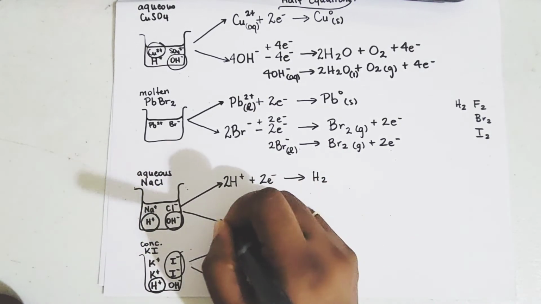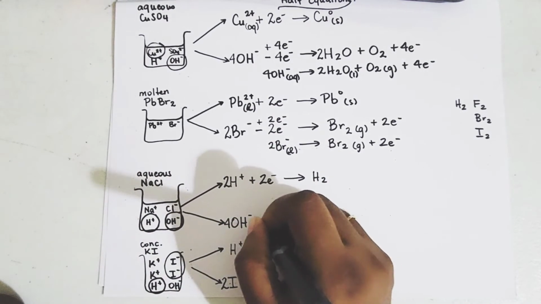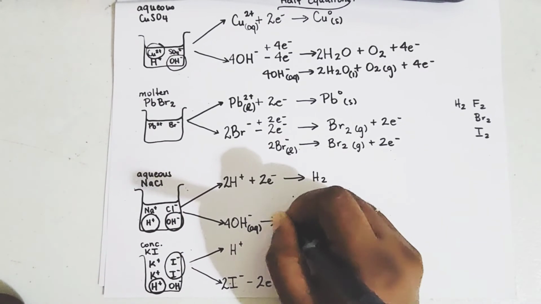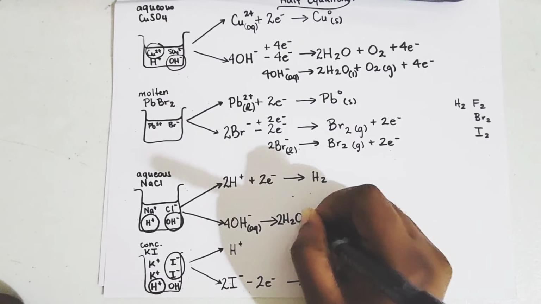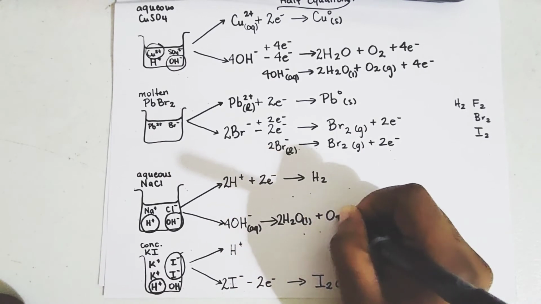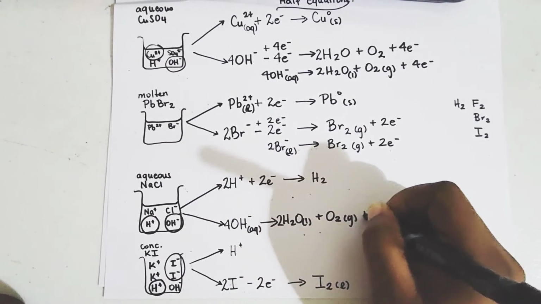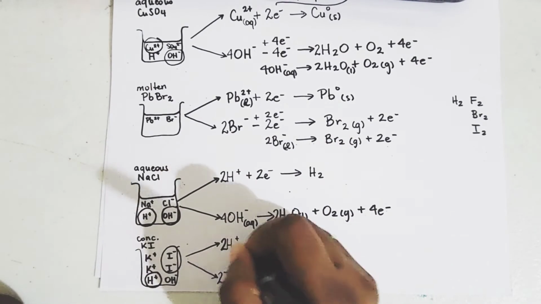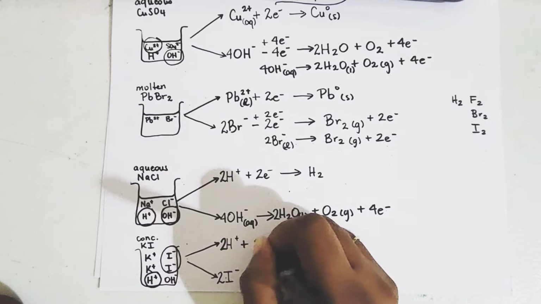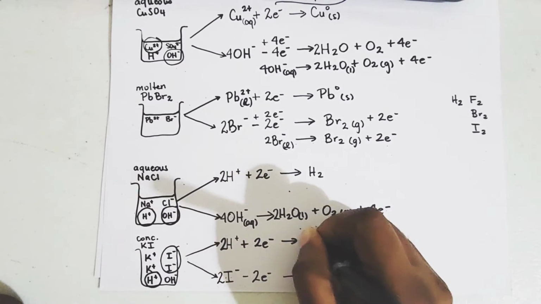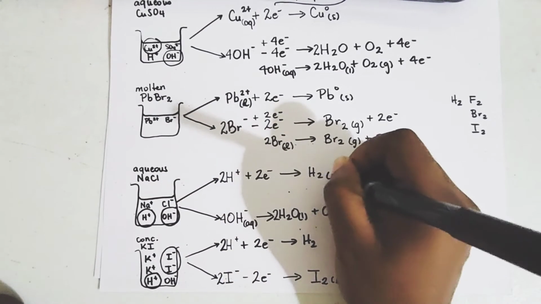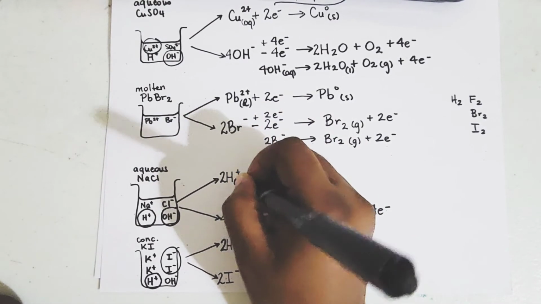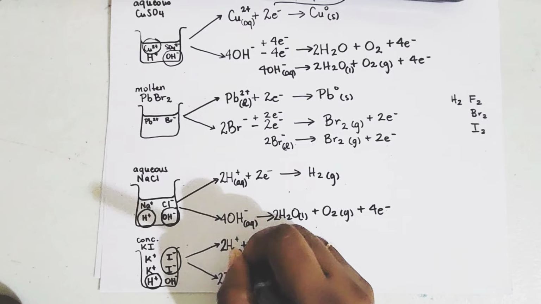So since we know that this is the same, we could just write back what it is. And we're going to get water, 2 moles of that, plus oxygen, plus the 4 electrons. And because we already worked out hydrogen, we could simply just write it back. This is a gas, and this would be aqueous. This is aqueous.